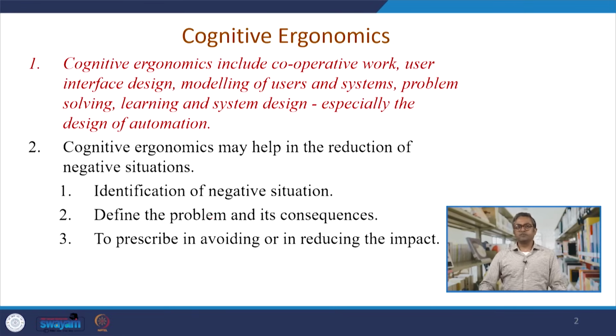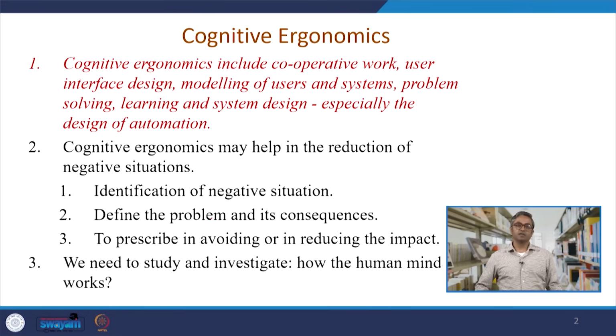There are several ways in which the problem can be defined and one can avoid and reduce its impact. So, we need to study and investigate in cognitive ergonomics how the mind works.